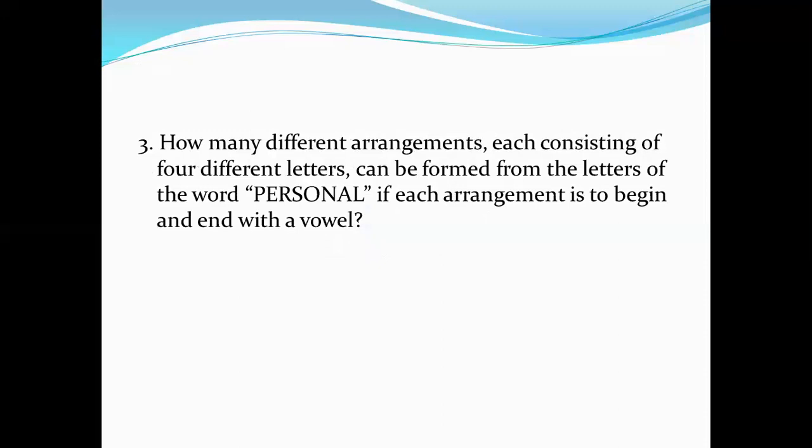Okay, next. How many different arrangements, each consisting of 4 different letters, can be formed from the letters of the word personal if each arrangement is to begin and end with a vowel? Take note, the word personal has 3 vowels and 5 consonants. The 3 vowels are E, O, and A, and the rest are consonants. Why do we have this total number of words to be formed? Why 180? We are forming a 4-letter word.